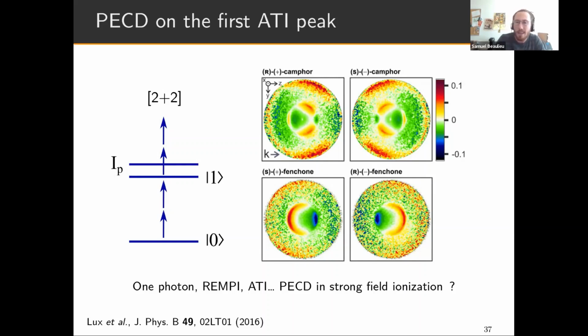Intuitively, as the laser field strength is increased, the sensitivity of the outgoing electron to the molecular potential is expected to decrease, and the trajectory of these outgoing electrons is expected to be dominated by the laser field.